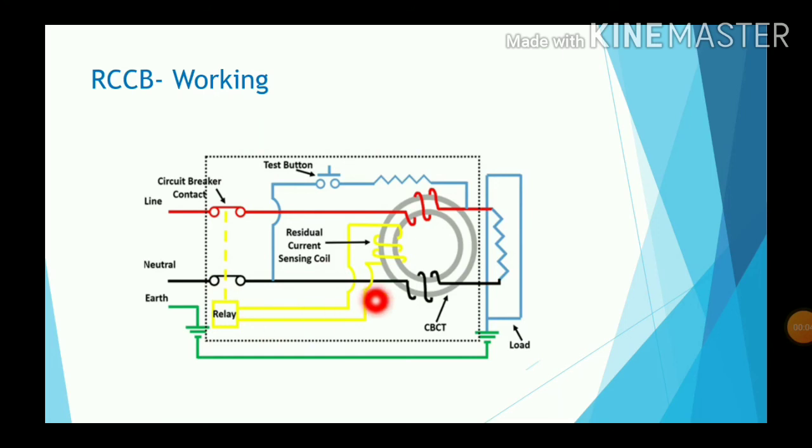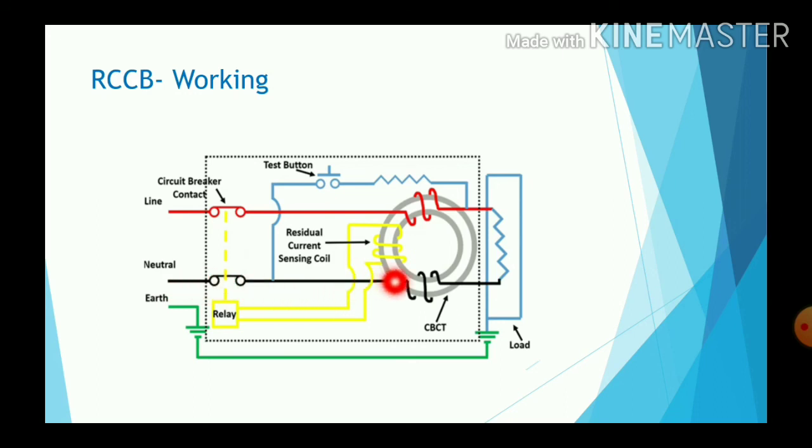This is our RCCB. See the line connection and the neutral connection. Under normal operating current conditions, the current flowing through the line wire is equal to the current flowing through the neutral wire. The current flowing through the neutral wire is actually the return path or return current.